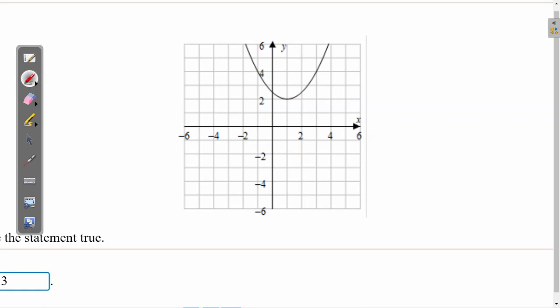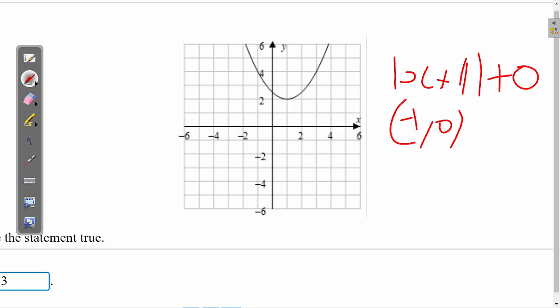It's x plus 1, so the vertex is (h, k), which is negative 1, 0, because it's x plus 1. So you look here, negative 1, 0, it's this point. Then you just draw outwards like this.